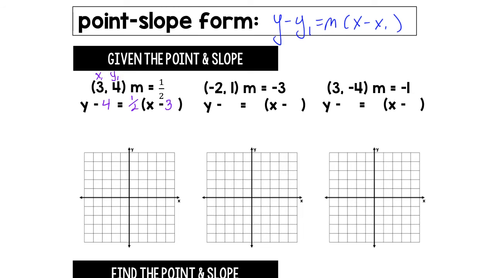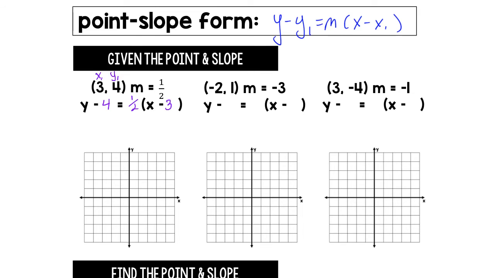So this form is so versatile because from here, we can make this slope-intercept form. I can distribute this 1/2. You know what? We're not going to do that right now. We're just going to graph it how we have it here.